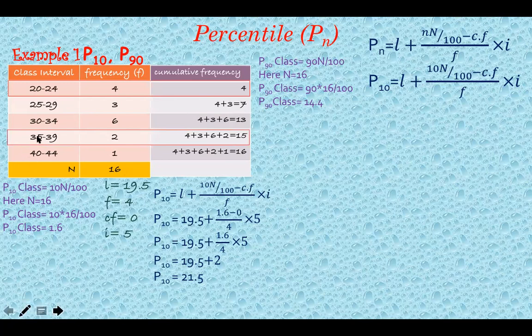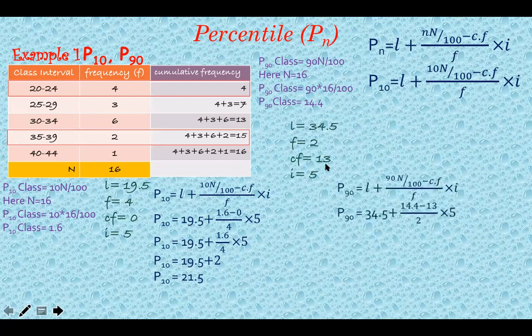Now we have to find the lower limit of this class interval, that is 34.5, because we have to subtract 0.5. The exact frequency is 2, and the cumulative frequency before this class interval is 13, and the size of the class interval is 5. Putting these values in the formula, here it is 90 multiplied by n divided by 100.